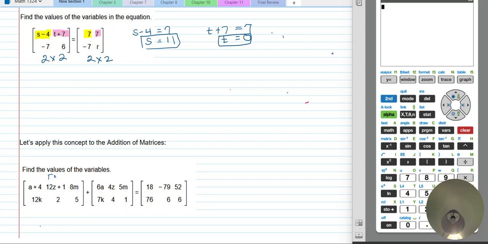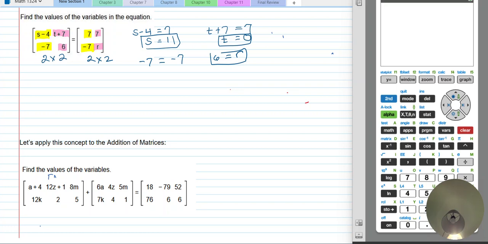Now I'm on the second row, first column, and in this one I have a negative 7 and a negative 7. So I know I'm on the right track because those are equal. And then I'm looking at the last one, 6 and r. So on this one, I have 6 must equal r. All right.